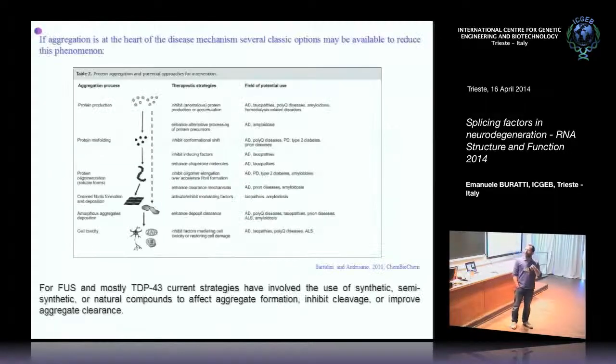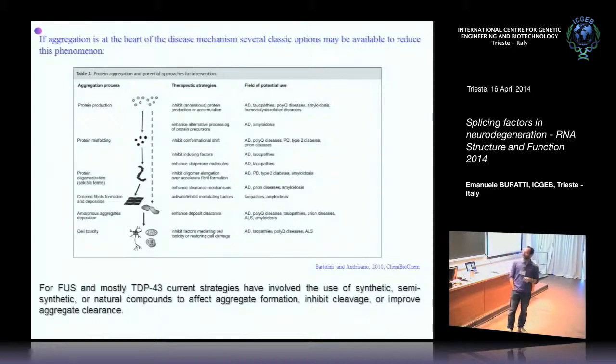If you think that the problem is really the presence of aggregates, you can look for molecules that disrupt all the pathways that lead to protein aggregation. If you start from your soluble, nicely functional protein, you could find molecules that inhibit the misfolding of these proteins, because when they aggregate, they very often do so because they start to misfold.